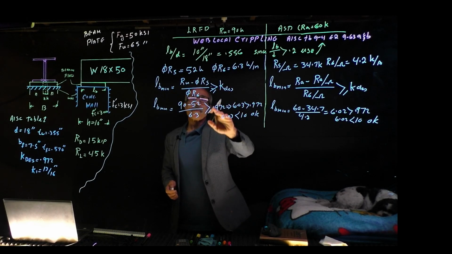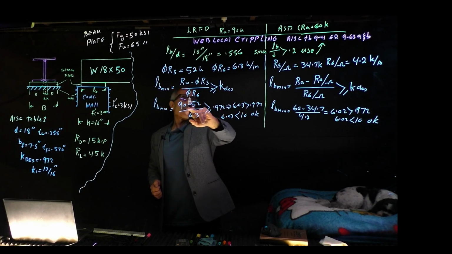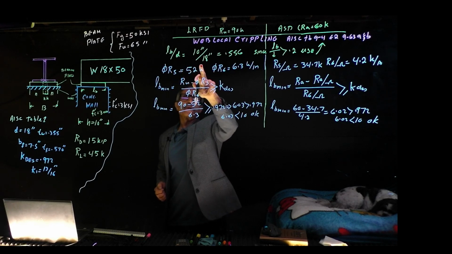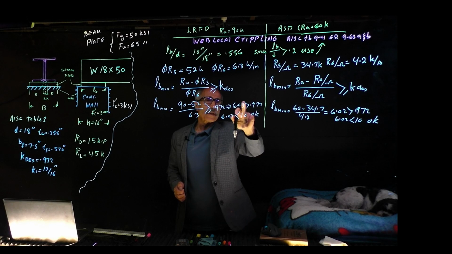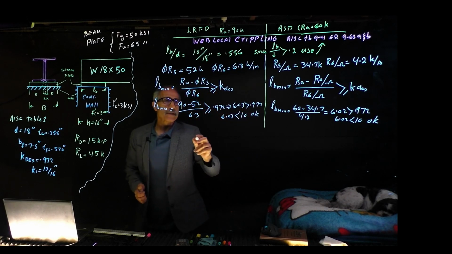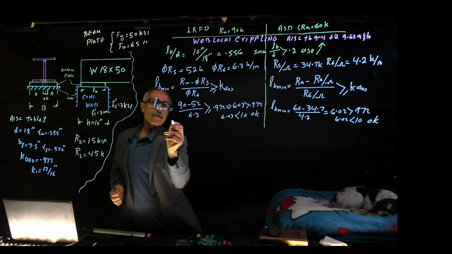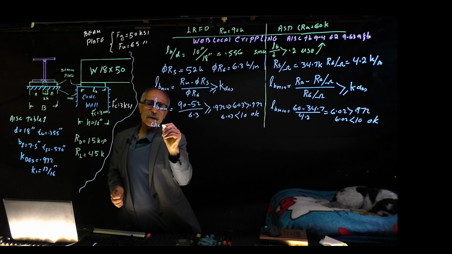Now, when we said LB over D, we use 10 inch over 18. What about the actual? It's going to be 6. So if we're going to double check it to verify, let's check it.